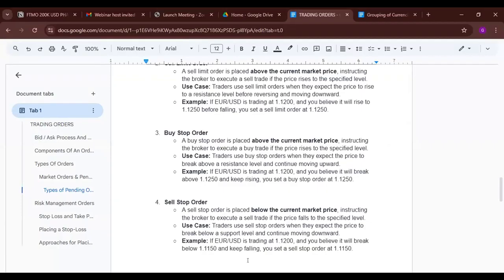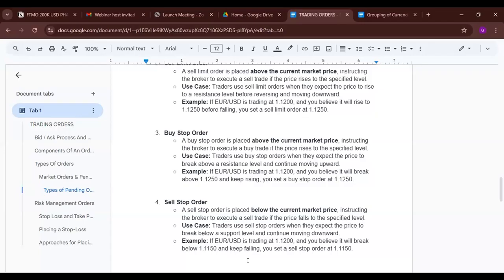So traders usually use buy stop orders when they expect price to break above a resistance level or to keep going higher. Then you have a sell stop order. I'll use the explanation to explain both of them on the charts.